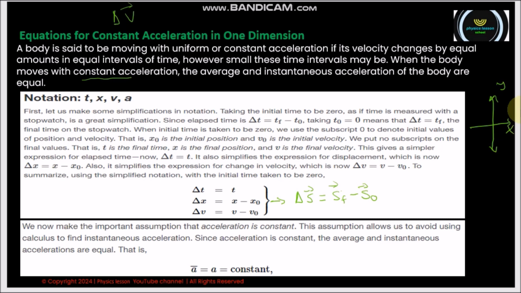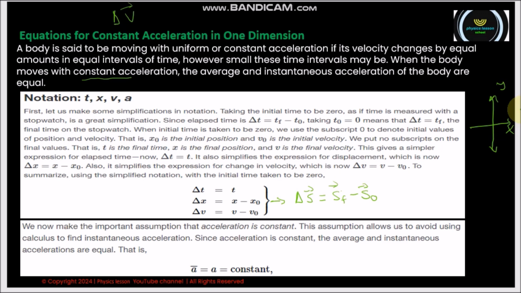That's why we substitute the value s by x, to show you the motion is horizontal with constant acceleration, but there is changing velocity. If there is changing velocity, there is acceleration, but in this case it's constant.